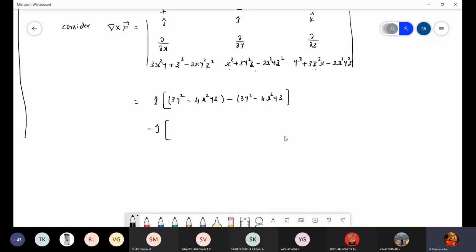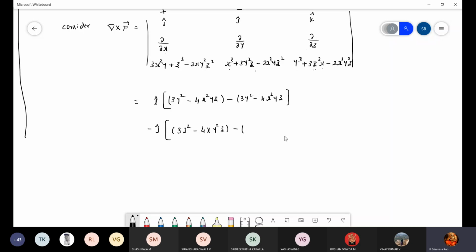so middle column and first row second column, dou by dou x of this, y cube plus 3z square x, that you have to differentiate. So y cube differentiation is 0, 3z square x differentiation is 1, so 3z square minus x square differentiation is 2x, 2 2 is 4, 4x y square z.